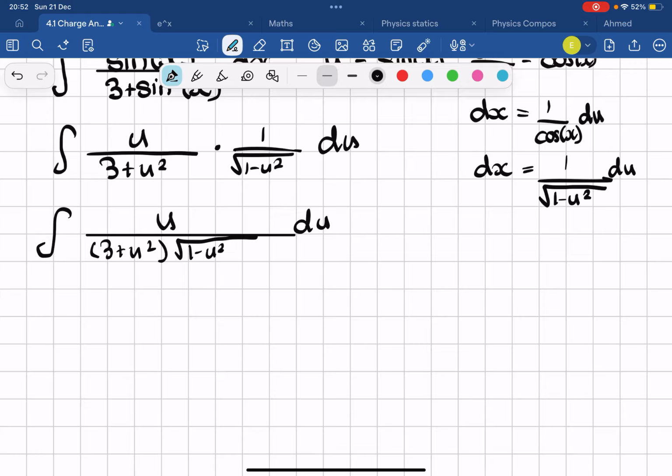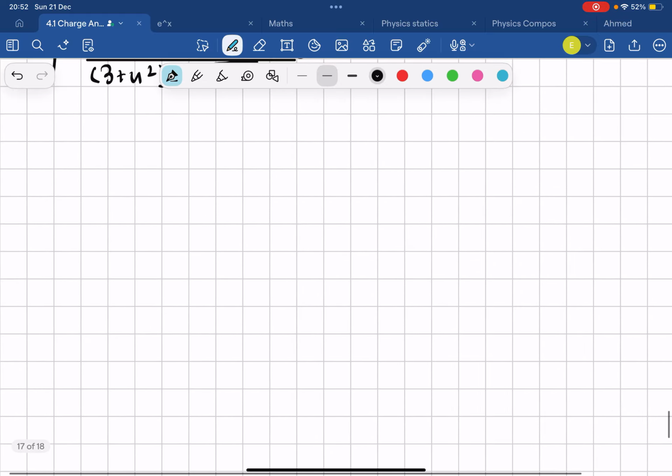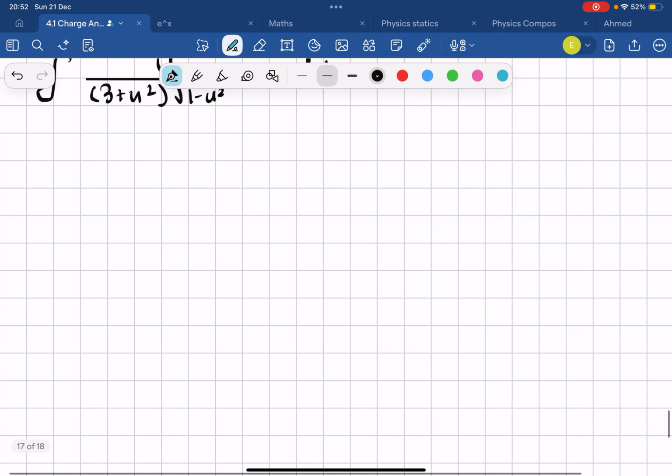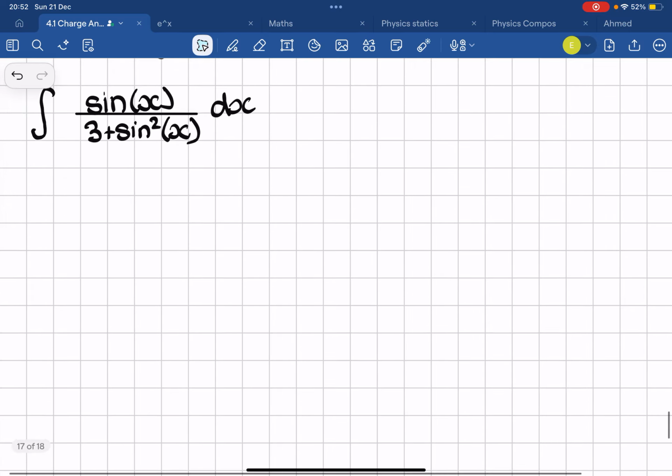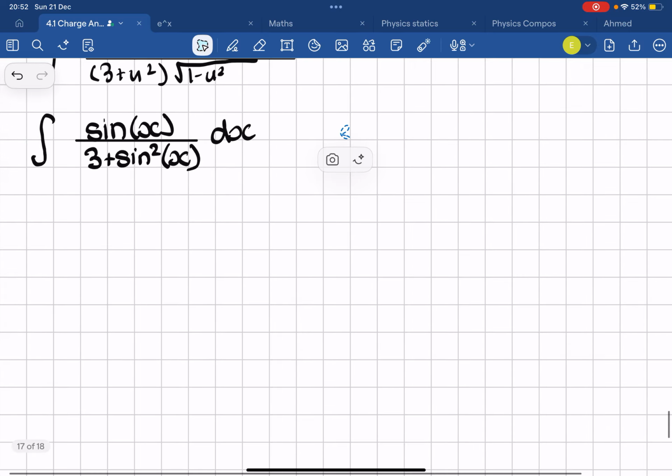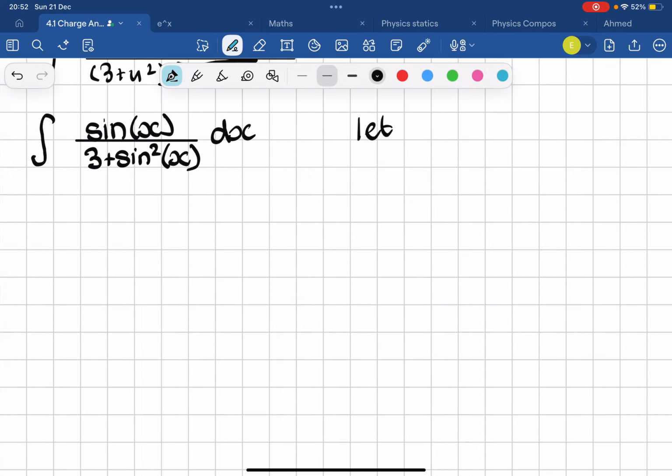Now, we tried sine x, that didn't work. Now, let's use cos x. Cos x seems sensible. It differentiates to minus sine x, perhaps there's a link there. So let's go and deploy this strategy. Let u equal cos x. du over dx equals minus sine x.